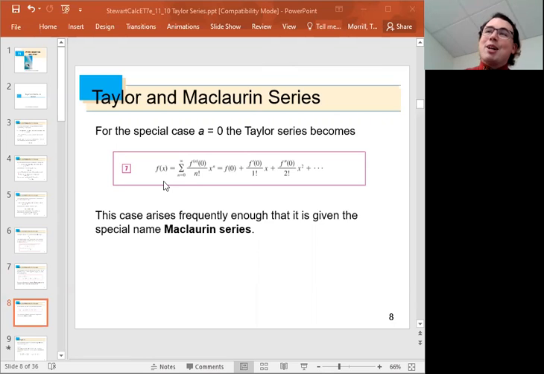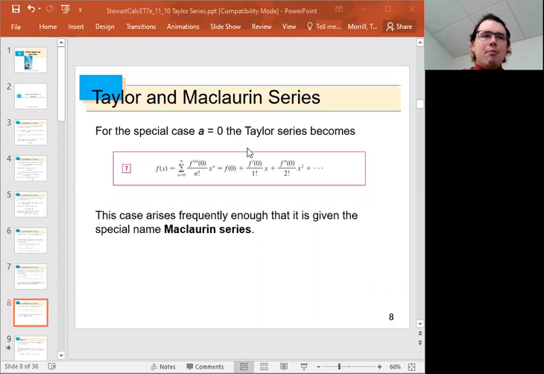So Maclaurin series is a kind of Taylor series. Those are the Taylor series centered at x equals 0. Now, these are very useful things if you have a function which is equal to a power series. And that is a very big if.